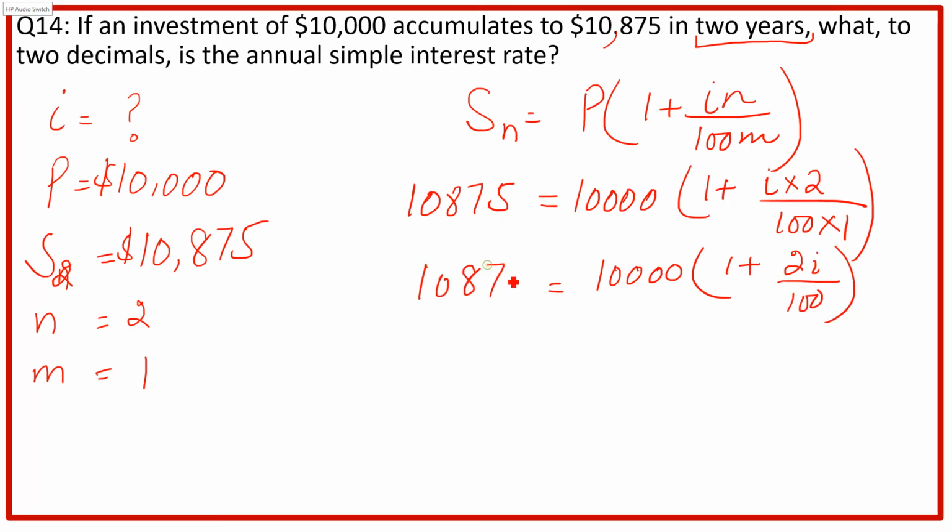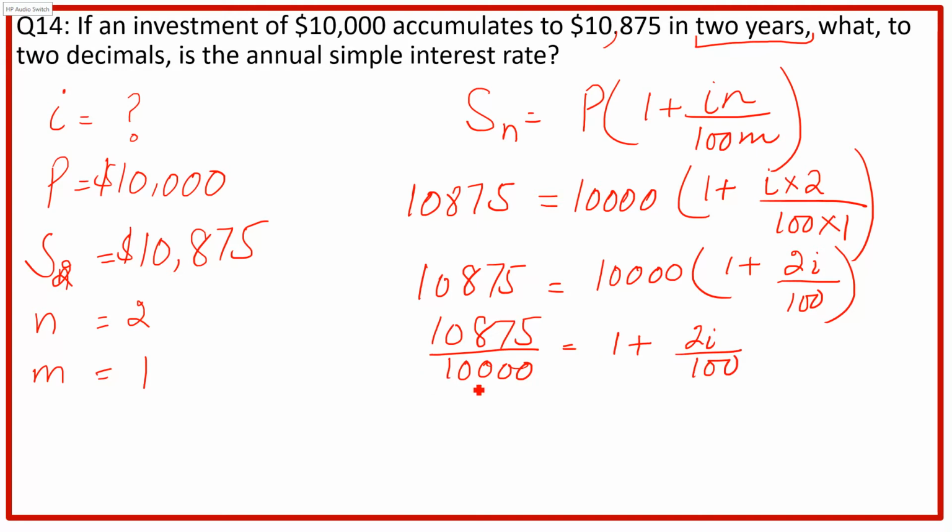And here, we will take this 10,000 to the other side of the equation. So it will be 10,875 divided by 10,000, which is equal to 1 plus 2i divided by 100.